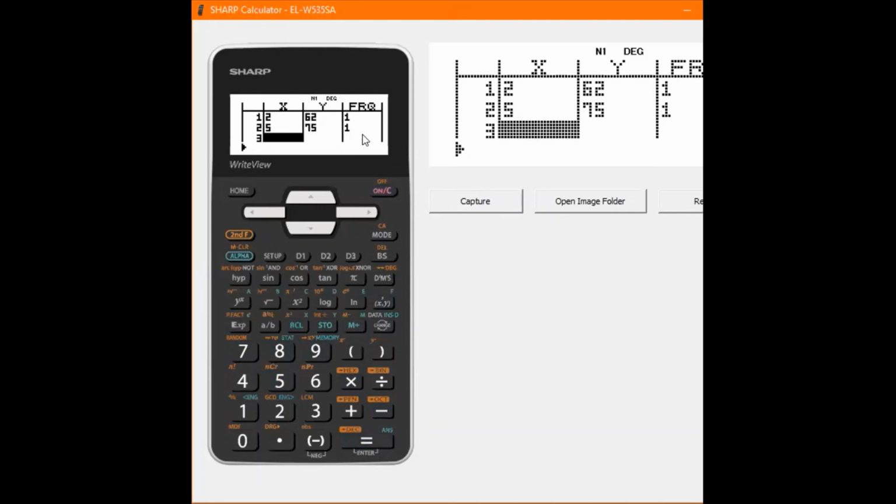It puts the data across the table for us very nicely and quickly so that we don't have to go backwards and forwards. The next one is 3 and 73 and equals.